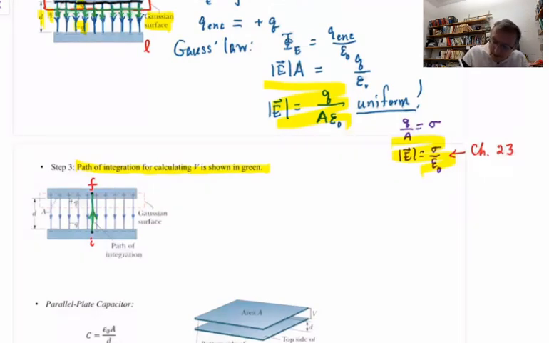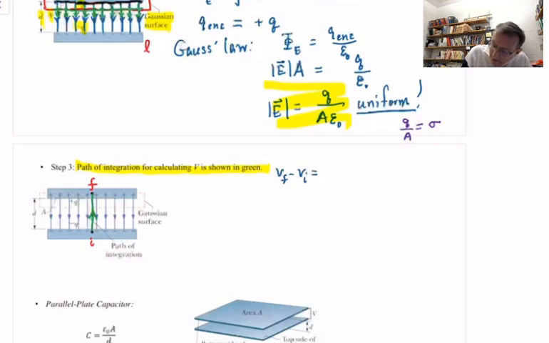So now I use V final minus V initial equals negative integral from initial point to final point of E dot ds. There's my path over there, that green line. It goes straight up.